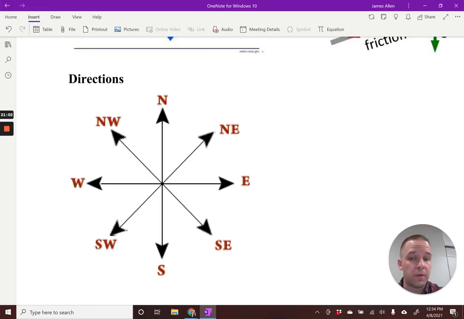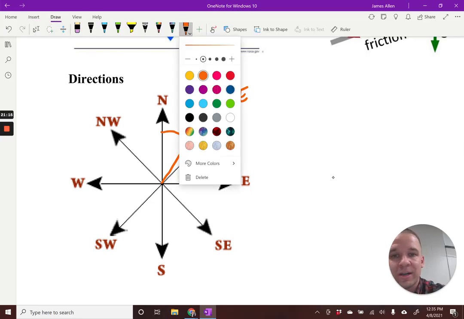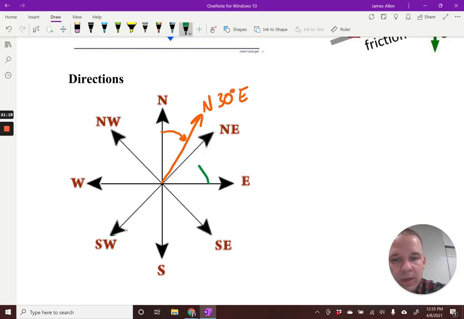Now, if we start saying things like north, 30 degrees east, well, now you're looking more like this: north, 30 degrees east. So that would be a 30-degree angle right here, which then for trig, and this is where things get a little bit tricky, this would be a 60-degree trig angle, right?